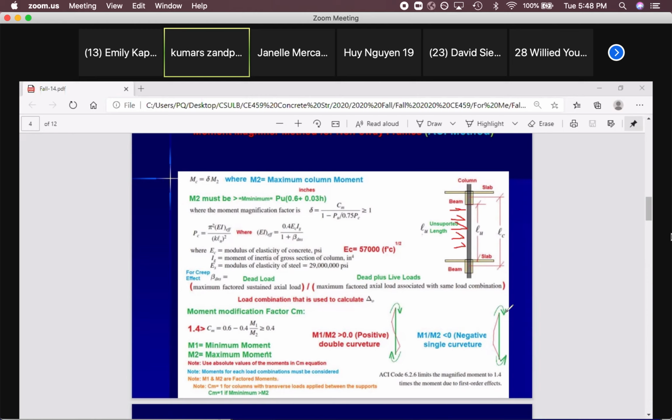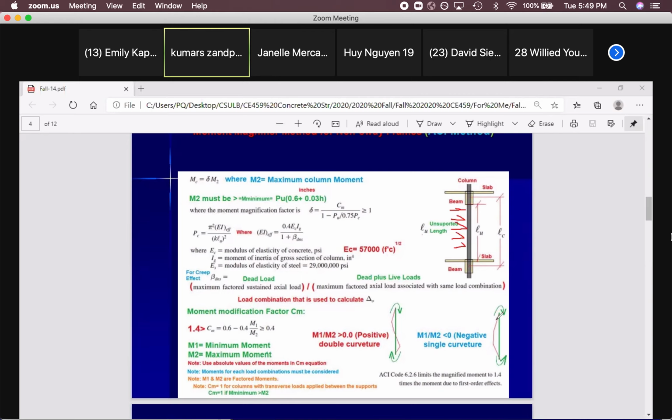Those are the moments. This is not the moment diagram on your column. No, that's the deformation caused by the moment. That was a good question. If you have a moment pushing this in, and another end pushing this, the column will be deflected like this.